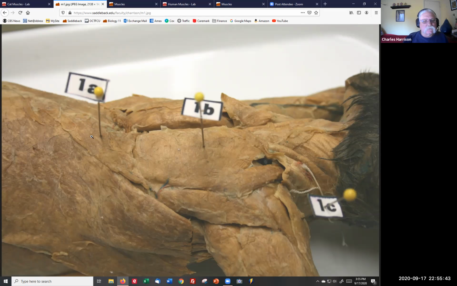So it was 1A, 1B, and 1C. I won't ask you the parts. Again, the name for the answer is trapezius, but they were the spinotrapezius, acromiotrapezius, and at the neck, the clavotrapezius.